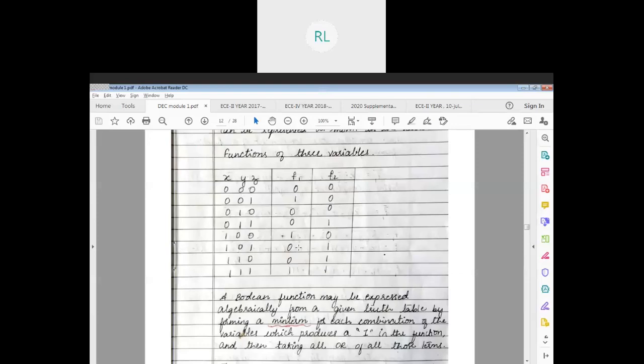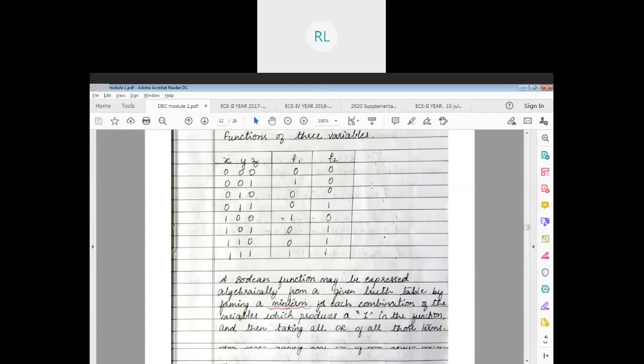The ones with zeros are just left out. That is what I'm trying to say. Wherever there is a high in f1, in the output, only those are considered. This is about your min term. But in max term, it becomes the opposite. So understanding this concept is very important: are you considering 1 or are you considering 0?